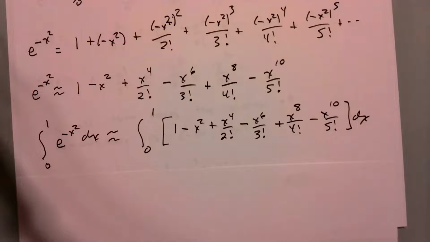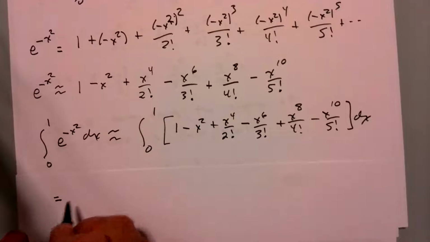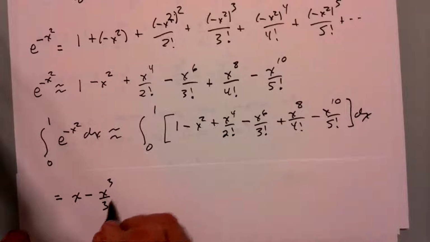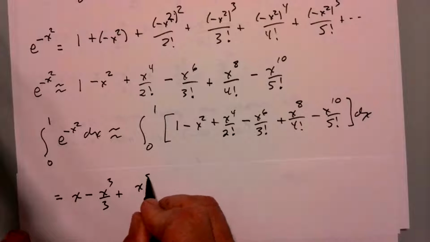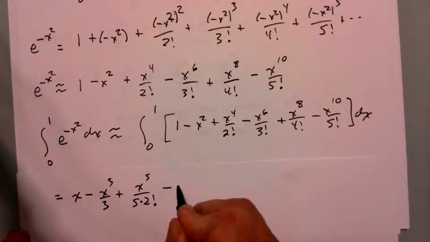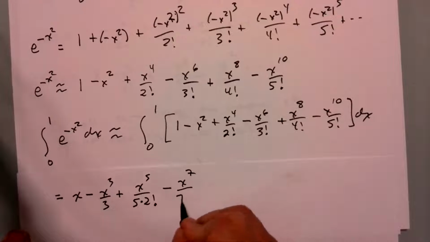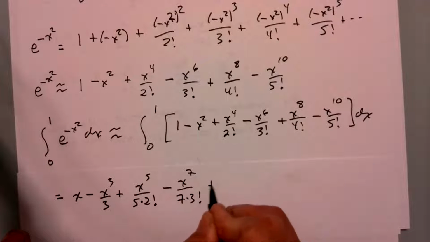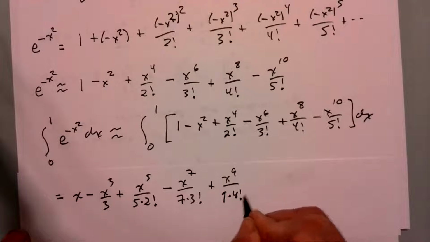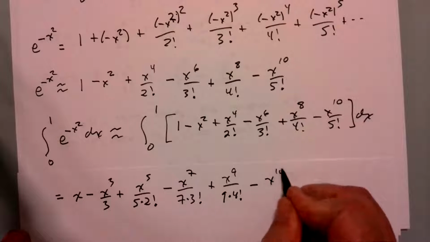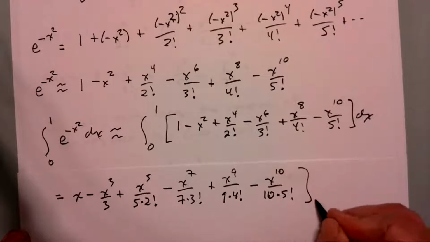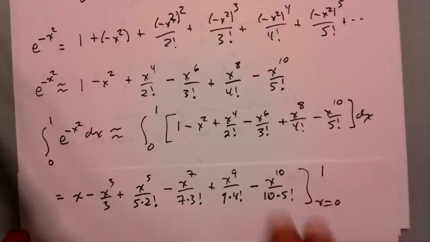So what does that in turn equal? That in turn equals x minus x cubed over 3 plus x to the 5th over 5 times 2 factorial minus x to the 7th over 7 times 3 factorial plus x to the 9th over 9 times 4 factorial minus x to the 10th over 10 times 5 factorial, evaluated as x goes from 0 to 1.